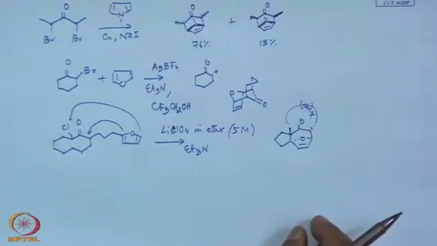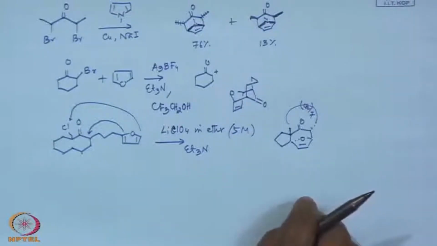Okay. So, from dibromo to monobromo, then to monochloro. Now, let us see, basically you have to go to this Peter Sykes. How many ways can you produce a carbocation?